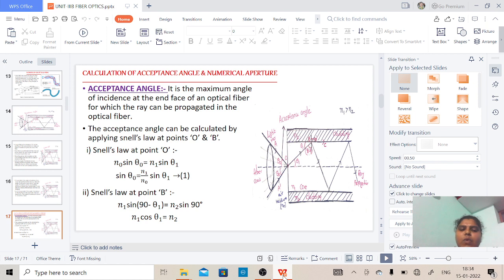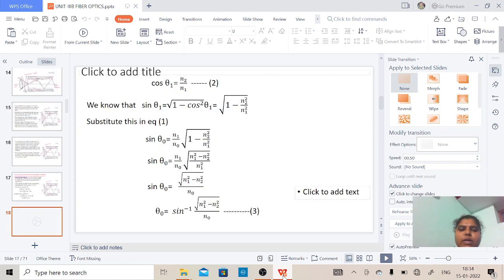So n1 sine (90 minus theta 1) equals n2 sine 90 degrees. n1 sine (90 minus theta 1) becomes cos theta 1, so n1 cos theta 1 equals n2 times sine 90, and that value becomes 1. So cos theta 1 equals n2 by n1. Let it be equation 2.